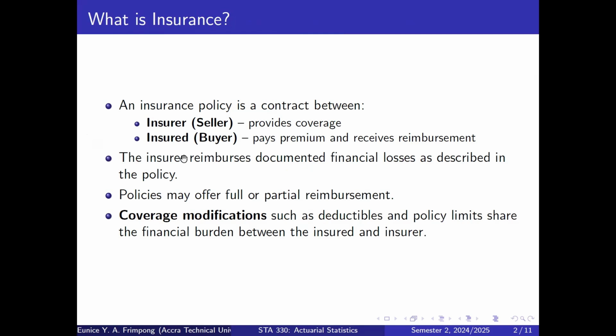But the insurer doesn't always pay for the full loss. In most cases, there are modifications to the coverage, like deductibles and policy limits, which help distribute financial responsibility between the insured and the insurer.